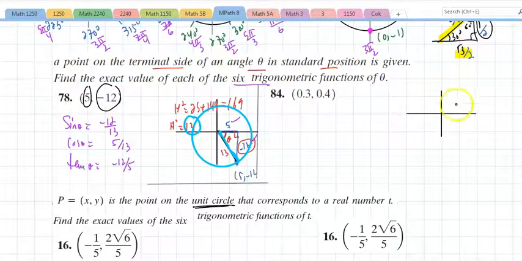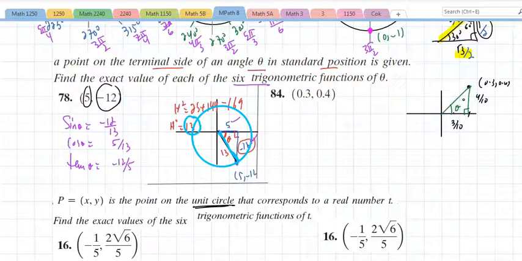How about 84? Well, 0.3 in the x, so if I go 0.3, 0.4, let's say this is 0.3 and this is 0.4. So this is 3 over 10 and this is 4 over 10 because we don't like decimals. There it is. Well, if I draw a line from the origin to that point directly, and to create the triangle, you will always run down to the x-axis, never the y.